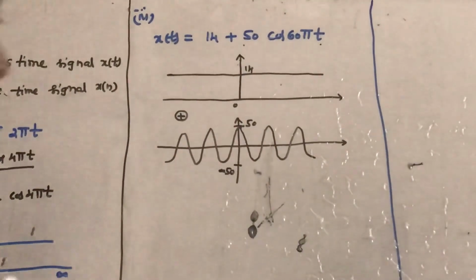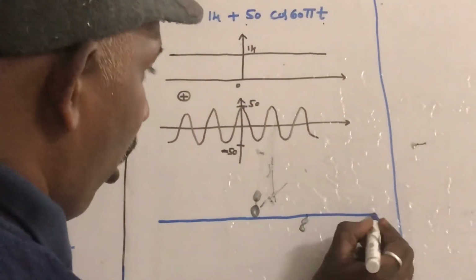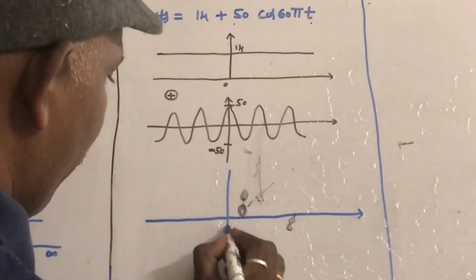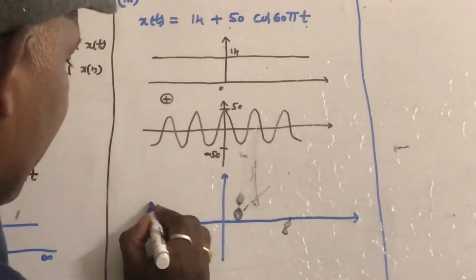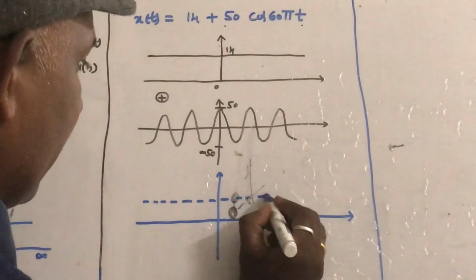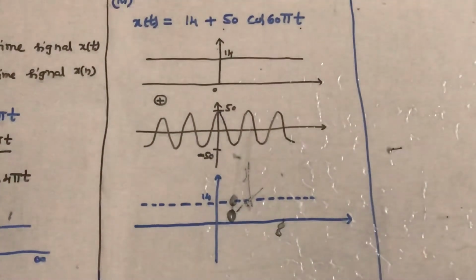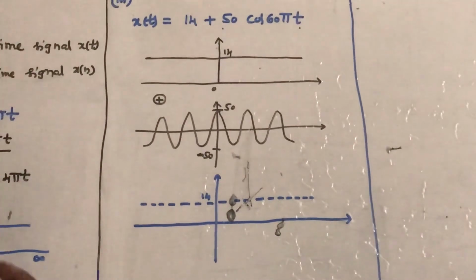If you add both of them, first you have to draw a DC line of 14, as we have seen in the previous cases. So add 14 to the positive peak and the negative peak.